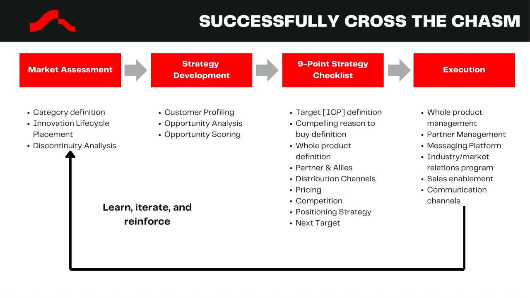You're facing this chasm because there is a switch in the behavior of your buyers. And the only way to know that is by assessing the differences between your prospective customers and your existing customers. Okay. And you can do that by analyzing the sales calls or conducting interviews.